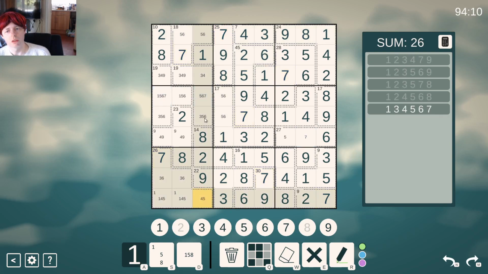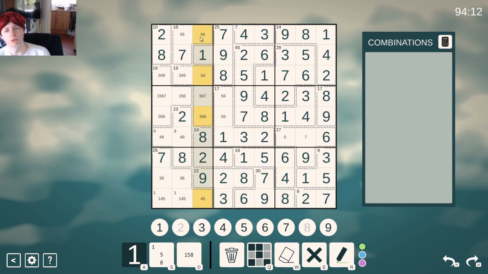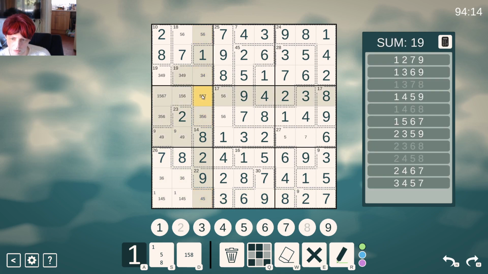We have 3, 4, 5, 6 quadruple here, so that must be 7. So this is 7, 3, 4, 5, I think. There's no 2 available. There's no 1 available.